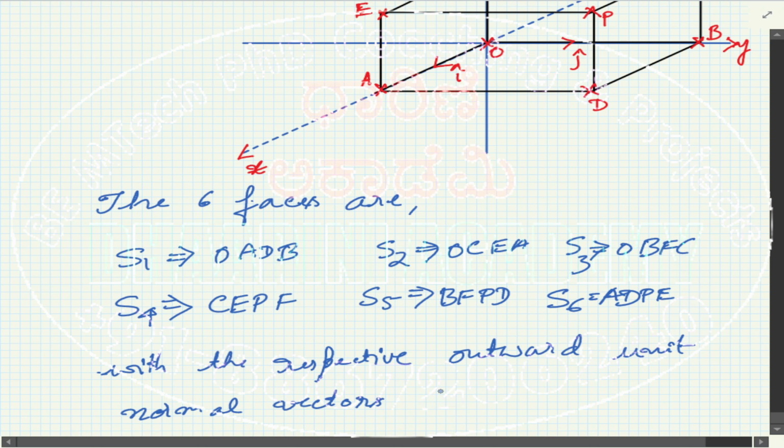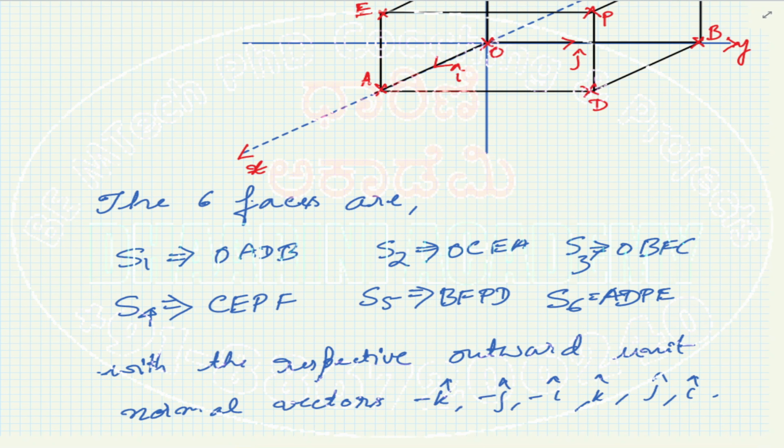For the first one it is minus k cap, next one is minus j cap, minus i cap, then k cap, j cap, i cap. So we understood the 6 different surfaces, and then we found this.